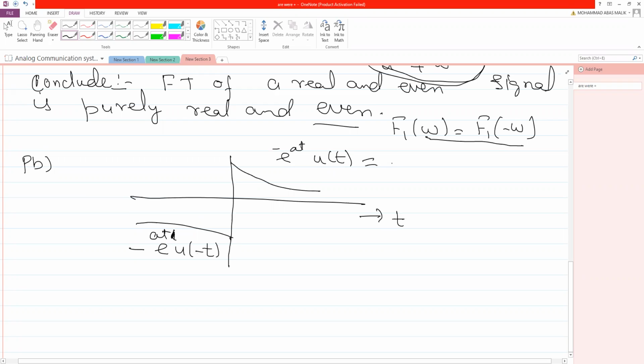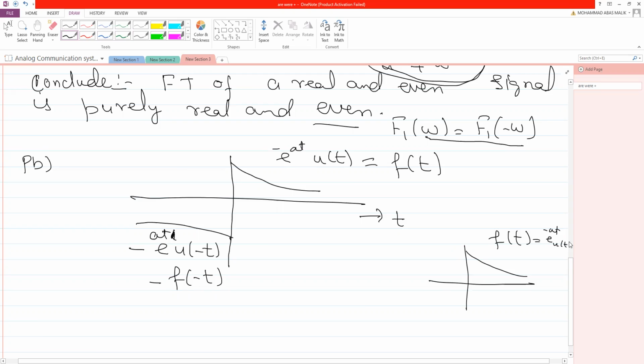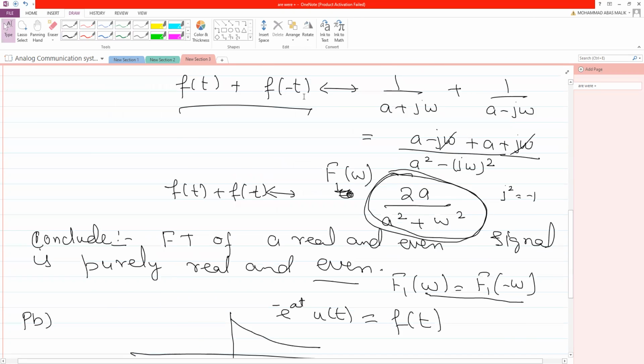So you can consider this as your f of t. This is your f of minus t and minus of f of t. Because if somebody has confusion, f of t was this signal: f of t is equal to e raised to the power minus at u of t.